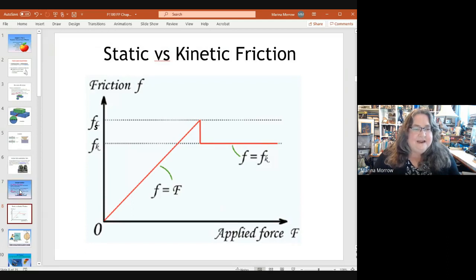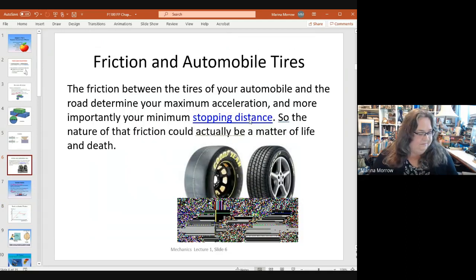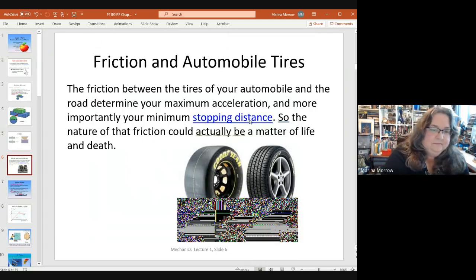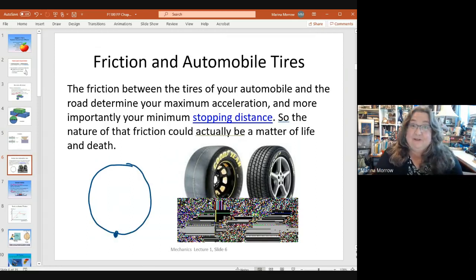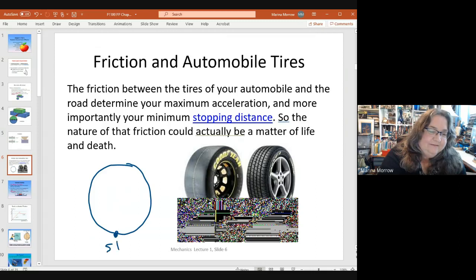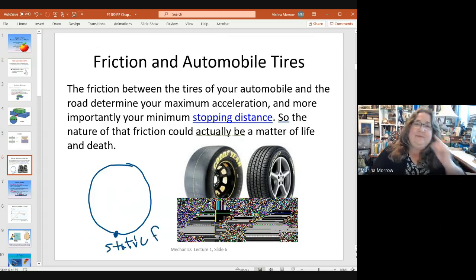Now, strangely enough, a tire, because this point makes contact with the road and is still for a tiny, tiny fraction of a second, actually has static friction. And this is important because that's actually a greater amount of friction.